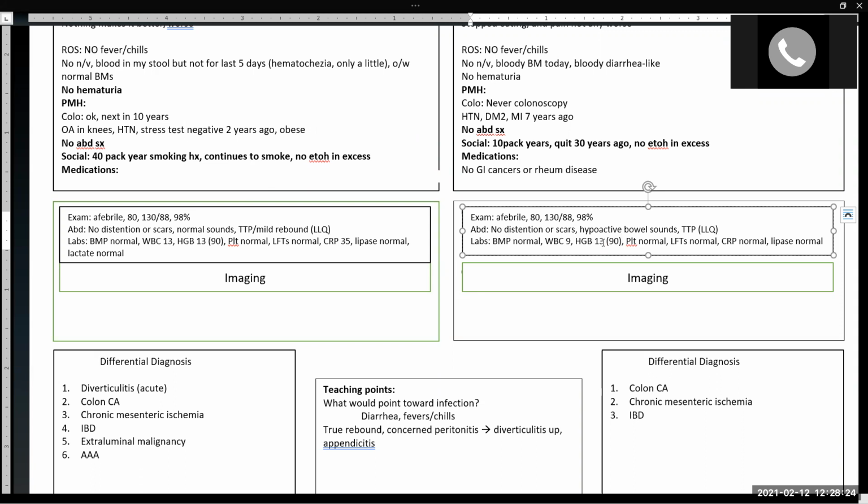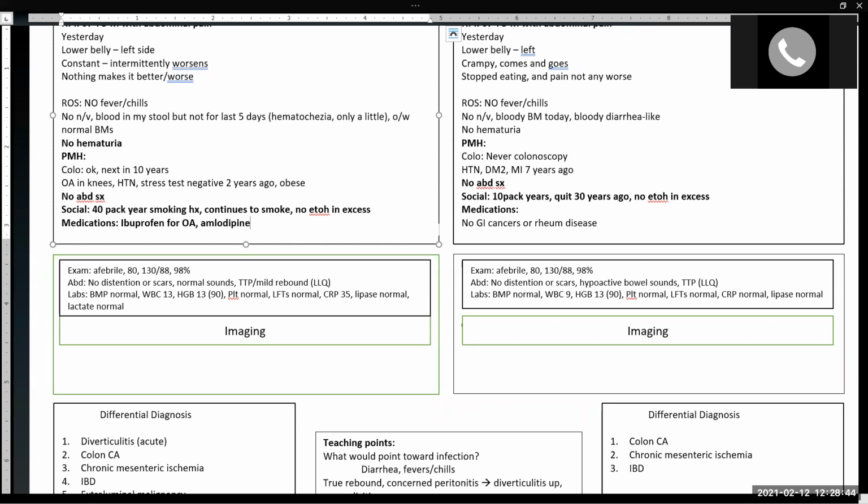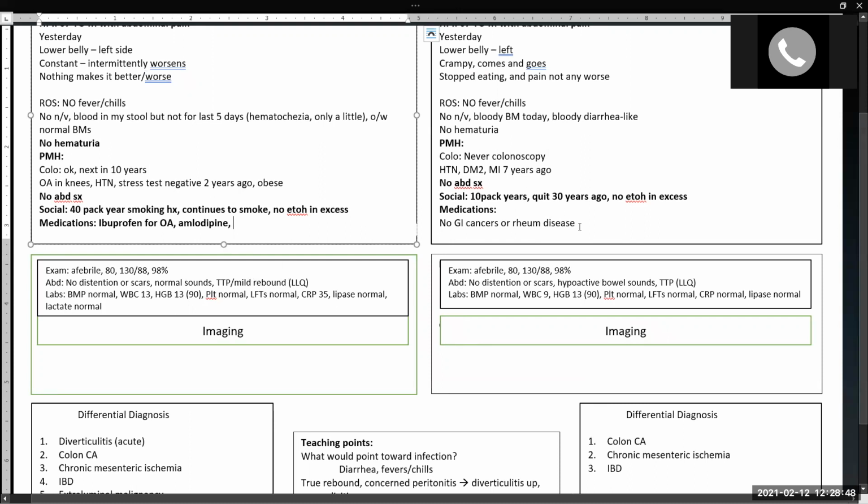We may have glossed over this, but are either of these guys on any outpatient medications? Yeah, so we did gloss over medications before. The first patient pretty routinely takes ibuprofen for his OA. He otherwise is on amlodipine, and that's it.